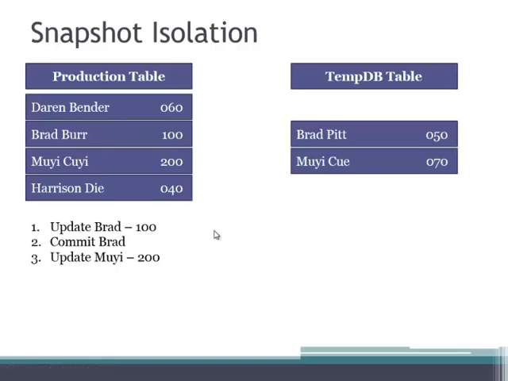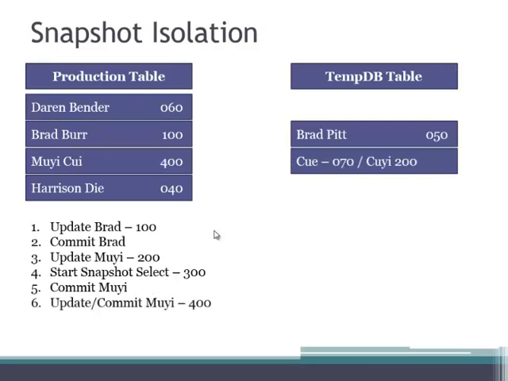Okay, then we have a query that begins in snapshot isolation mode, and it begins to select from our production table. Our transaction is assigned an ID just like any other transaction, and after our transaction began, the update to Mui's name is committed. So we know that that's done and that's committed. But shortly after they commit the update, they realize that his name is still misspelled, and they create another transaction to fix it again, and then commit that one as well.